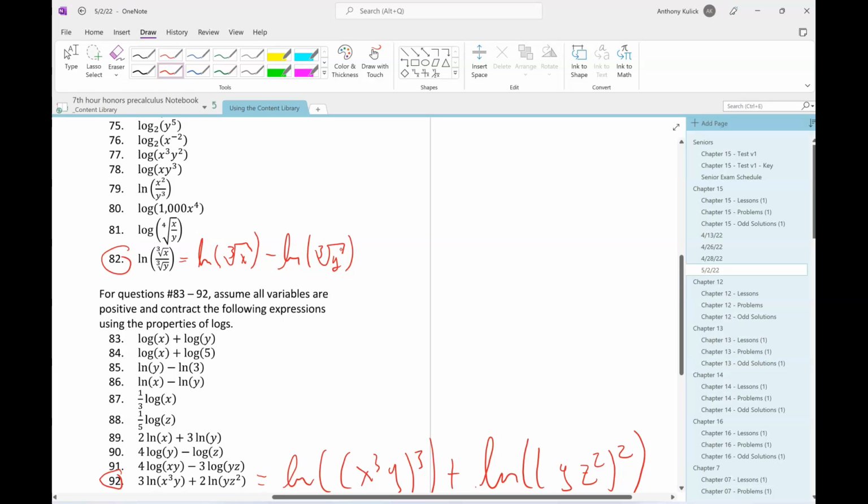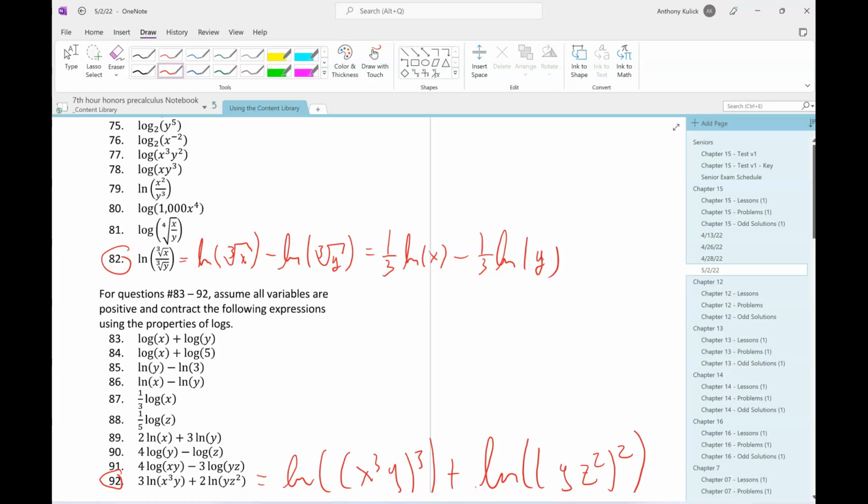Next thing I look for is product properties. I don't see any of those. The last thing I'm going to look for is power properties. I do see that. I remember that a cube root is the same thing as a 1/3 power, a la Jacob's previous question. So that's as far as I could go there. Cool.